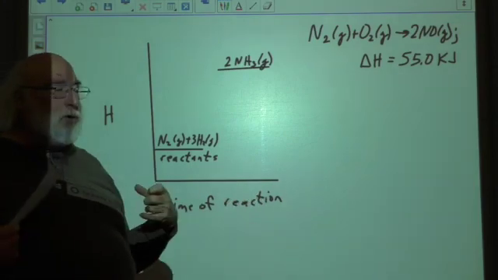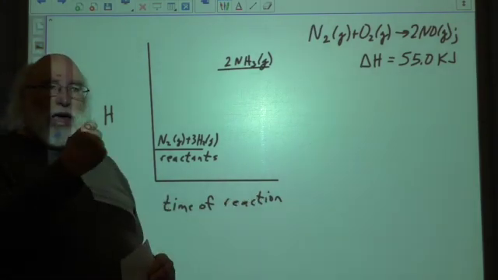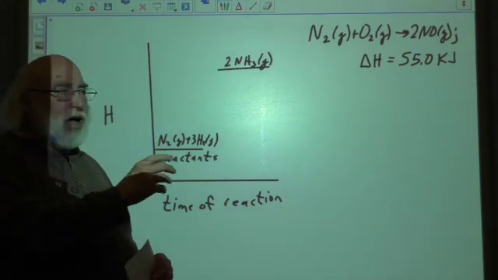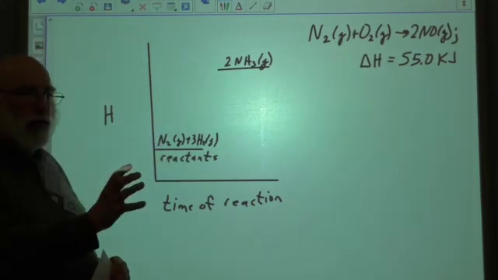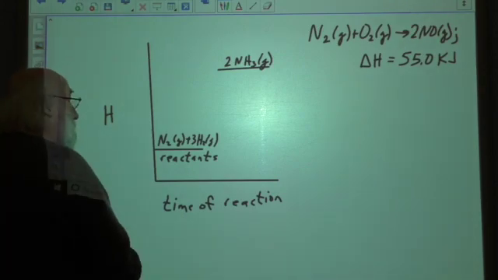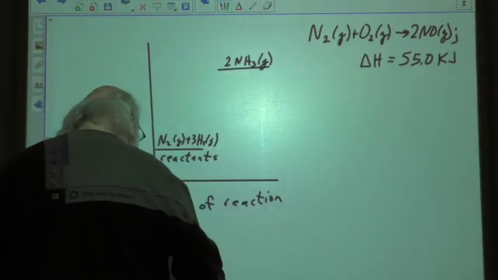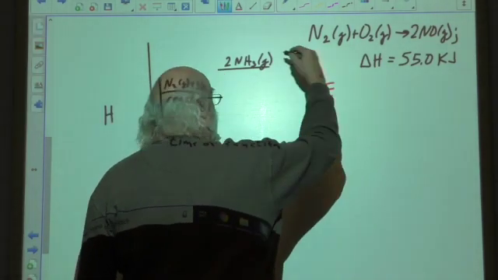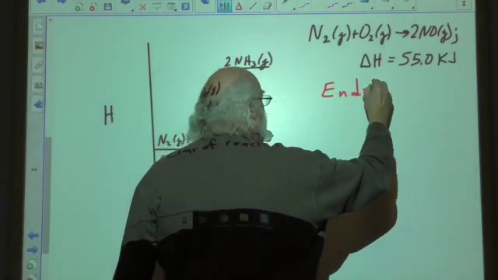So it's absorbing heat, and when this reaction runs, if it's being kept in some kind of container, you can feel the contents change. You'll feel the outside of the container to be cold. Because this is positive, that means the change is going up. This is called an endothermic reaction.